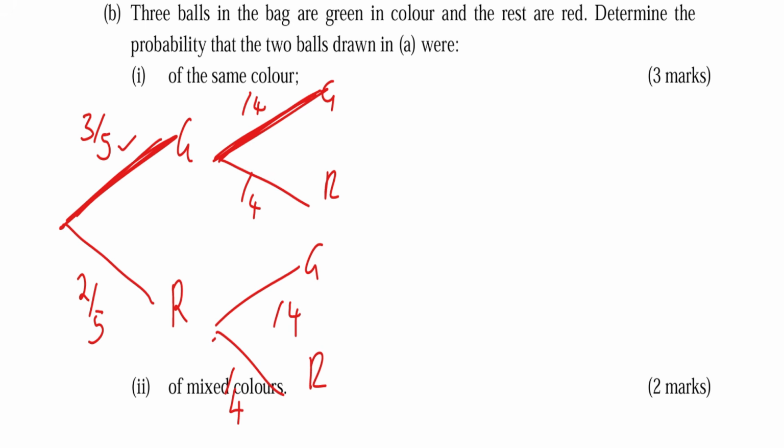So the probability of taking the first green is usually 3/5. But the second time that you take, it means the bag is deficient of 1. That is, one of the greens has reduced, therefore green will be 2. For the red one, which is this one, you haven't taken any, so it stays the same. So if it is green, if the letters align, you reduce the top and you reduce the bottom.